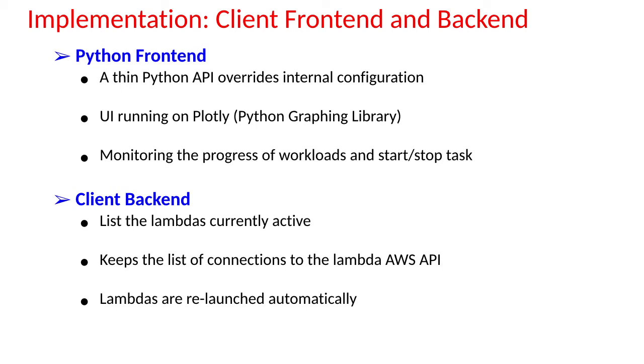The client backend lists the currently active lambdas. Then it also provides the list of connections to the Lambda AWS API. Also, it automatically activates and relaunches the lambdas. So that is the implementation.